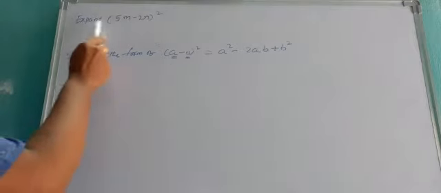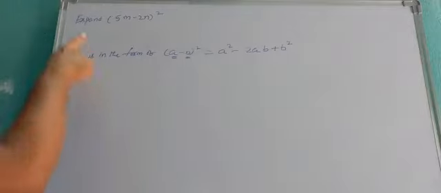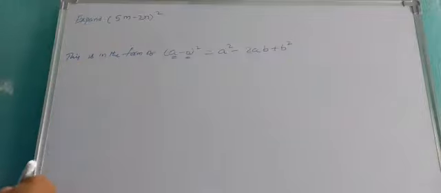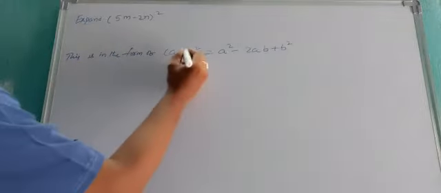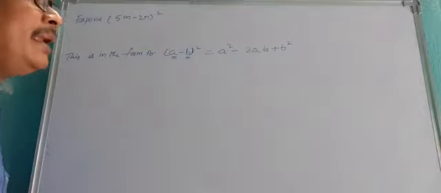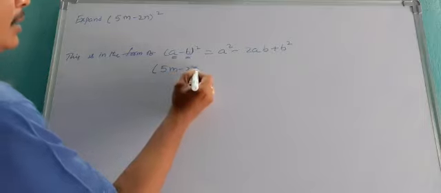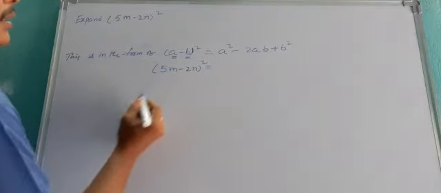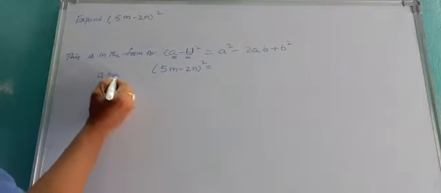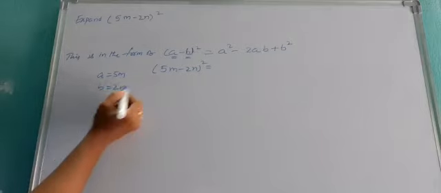Next one, expand (5m minus 2n) whole square. This is in the form of (a minus b) whole square equals a square minus 2ab plus b square. So (5m minus 2n) whole square, here a equals 5m and b equals 2n.